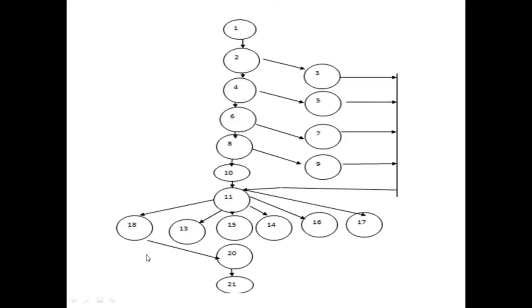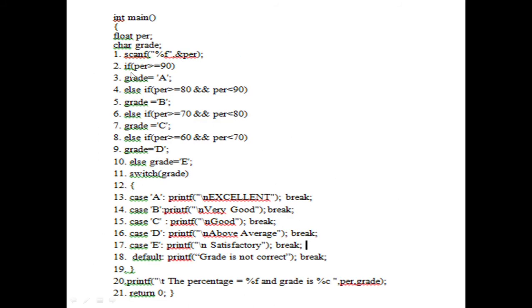Now, come to this program. To get A grade, it will start from 1, then 2, then 3. After 3, it will skip all these things. Then it will come to line number 11, then it will execute 12, then print 13 and break here. Then it will come to 19, then 20 and 21.